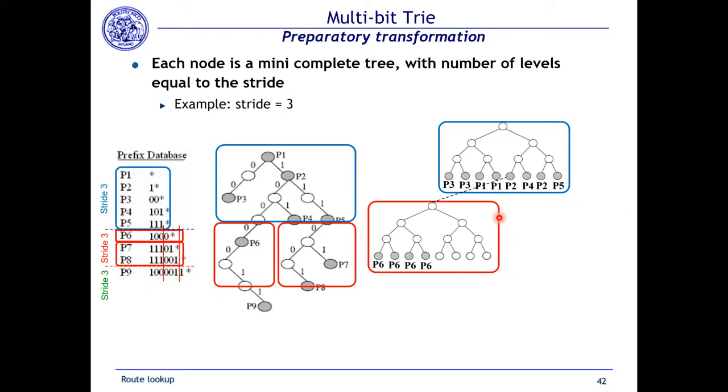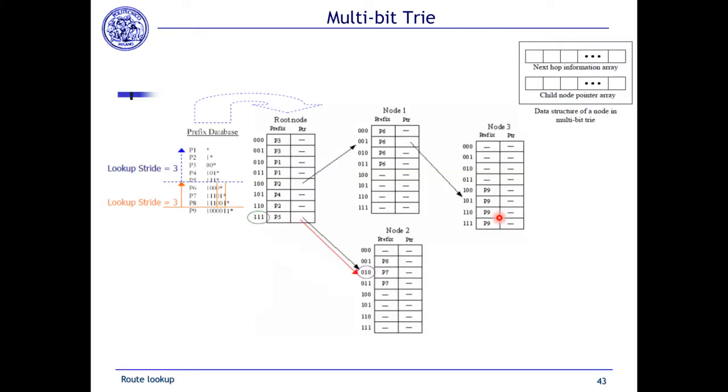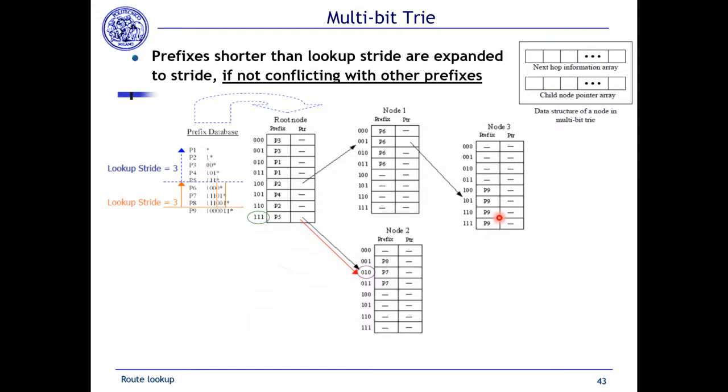In the first node you have P3, P3, P1, P1, P2, P4, P2, and P5. Basically P5 comes directly from the entry, which is length 3, and P4 as well. The two copies of P3 come from the expansion of the prefix P3, which is of length 2.